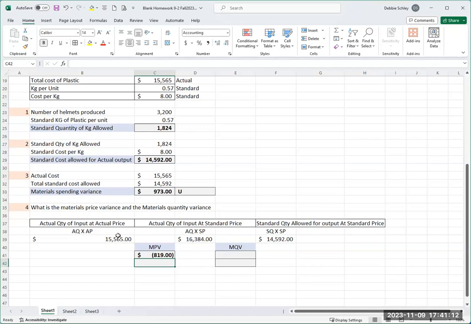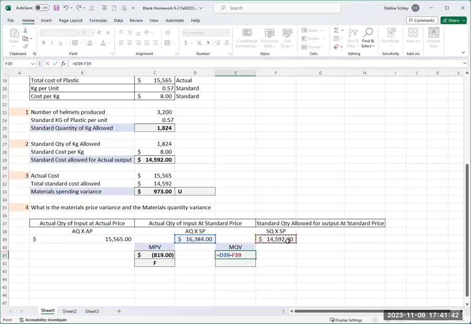And so what actually happened was 15,565. I had budgeted for or thought would happen 16,384. So I spent less than I planned on. So that is favorable. Okay, material quantity variance is going to be AQ times SP minus SQ times SP.